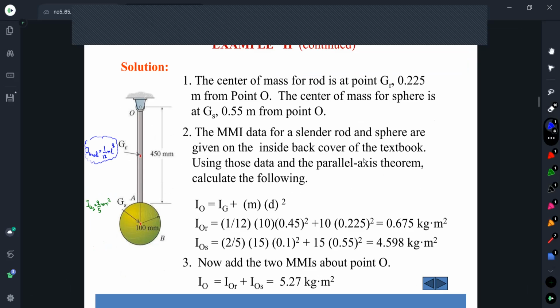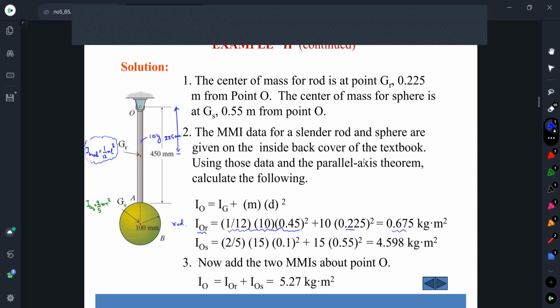So the mass moment of inertia of the rod is the moment at its center of mass, 1 over 12 times the mass of 10 kilograms times the length of 0.45 meter squared, plus md squared. Here d is the distance from the mass center to point O, which is 225 millimeters, or 0.225 meter squared. Then we get the mass moment of inertia of the rod.